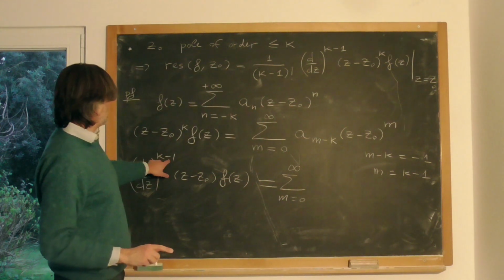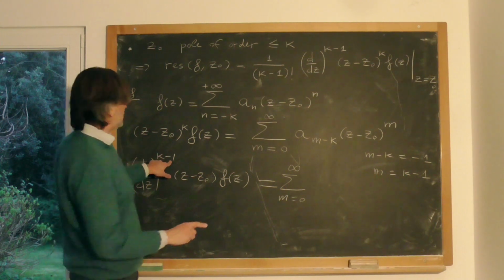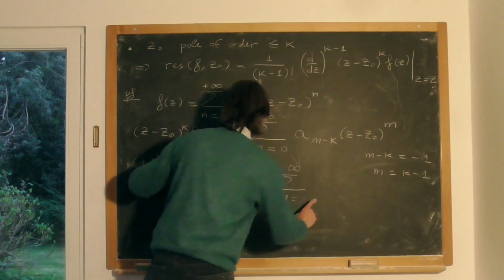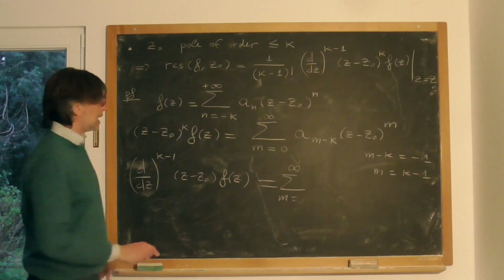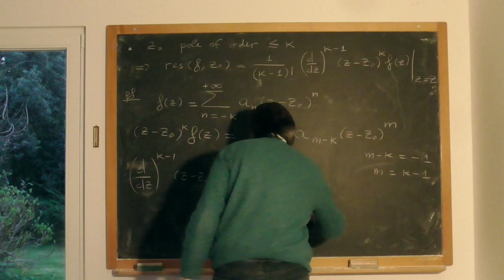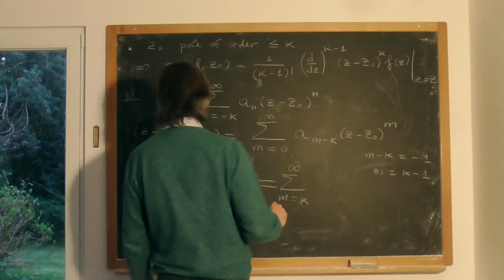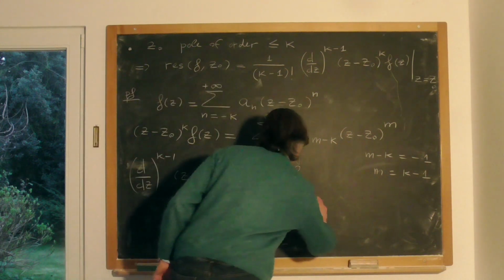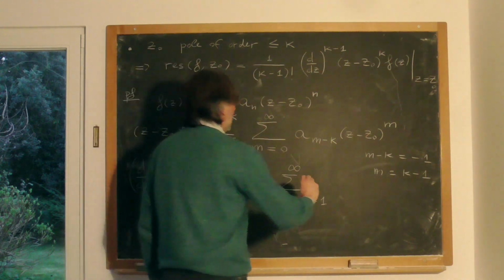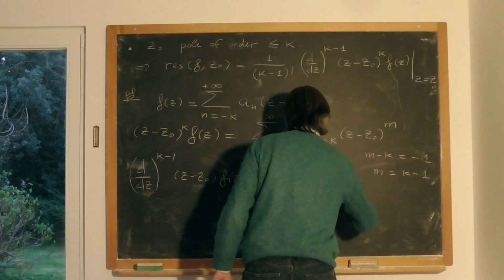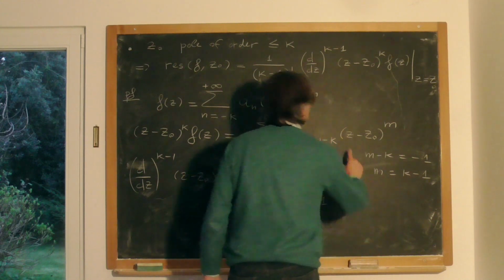So here we're deriving k minus 1 times, so this sum will actually not start with 0, it will start with k minus 1, and here we will get a_{m minus k}.